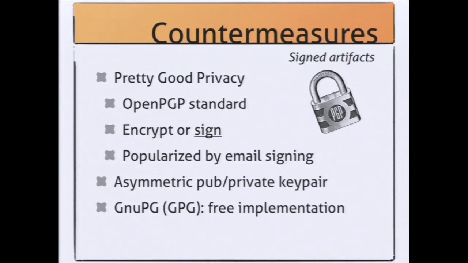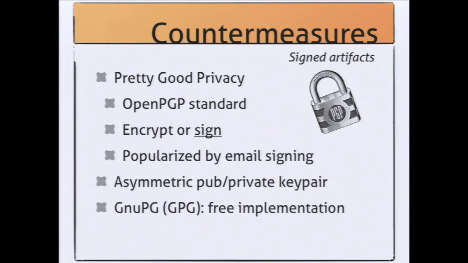So we've seen some countermeasures, and they're not completely dependable. Is there something that will work? And that's when we get to using PGP, Pretty Good Privacy. And Pretty Good Privacy is nothing specific to Maven or anything.